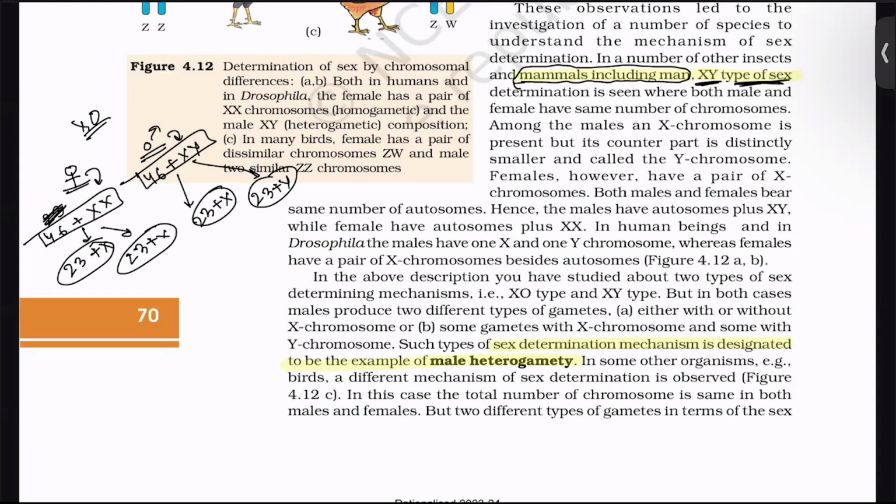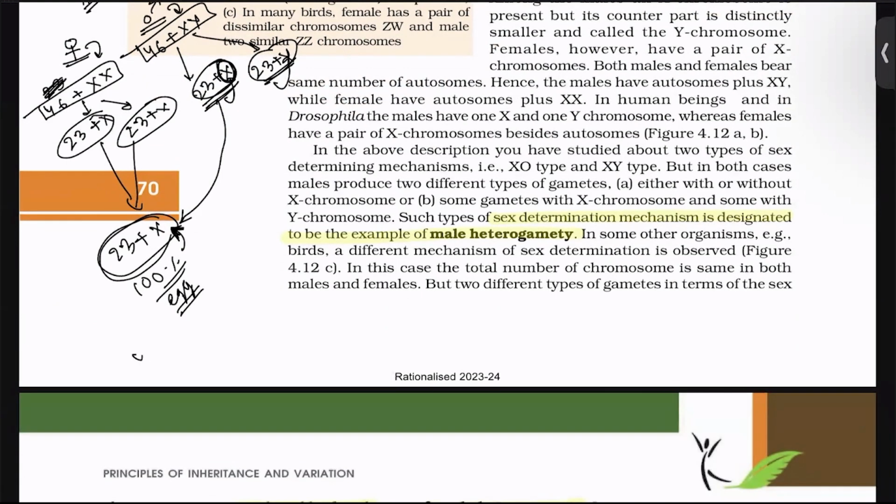So what happens during gamete formation is, in females, every gamete is 23 plus X, and in males, 23 plus X will be one gamete and 23 plus Y will be another gamete. So it's a chance factor. 100% of gametes, I mean eggs, have the X chromosome in females. And of sperms, 50% have the X chromosome and 50% have the Y chromosome. If a sperm containing the X chromosome fertilizes the egg, the resultant will be 46 plus XX, and the zygote will turn out to be a girl or female.